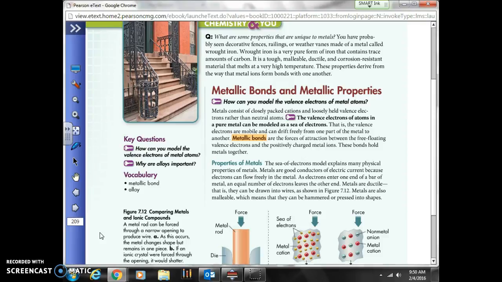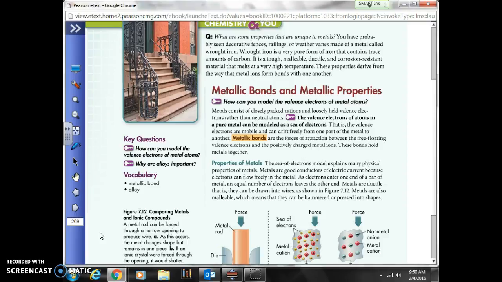All right, so in metals, metallic bonds are formed, and we describe the model of a metal as being a sea of valence electrons. The valence electrons can be modeled like a sea of electrons, and this gives the metals their distinct properties.